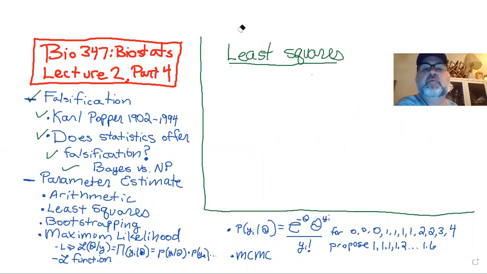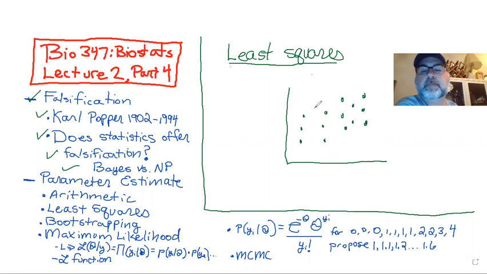If we want to look at a regression, right? We could have a series of data, right?